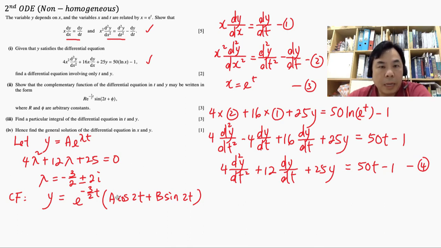But anyway, we can transform these trigonometric expressions into this form here.